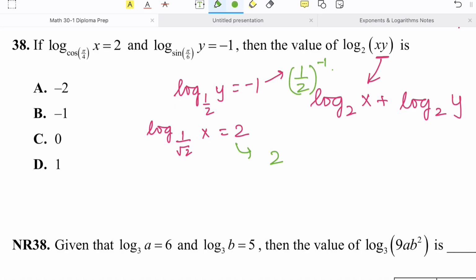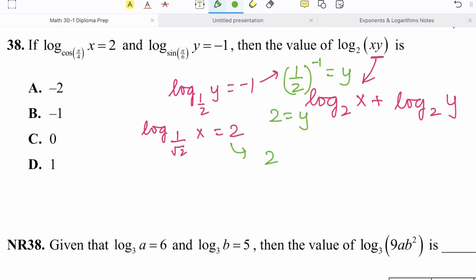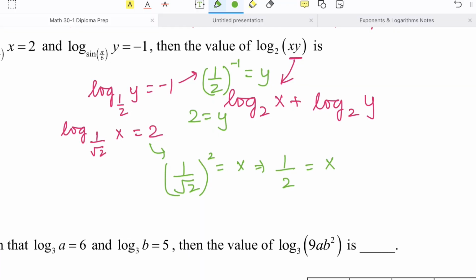So when we have -1 as a power, 2 is equal to y. Now for our x, the base is the same, the power of 2 is equal to x, and when we do that, we get 1 over 2 is equal to x. So we can simply put our values in here. Things are a little messy, so let me move this.